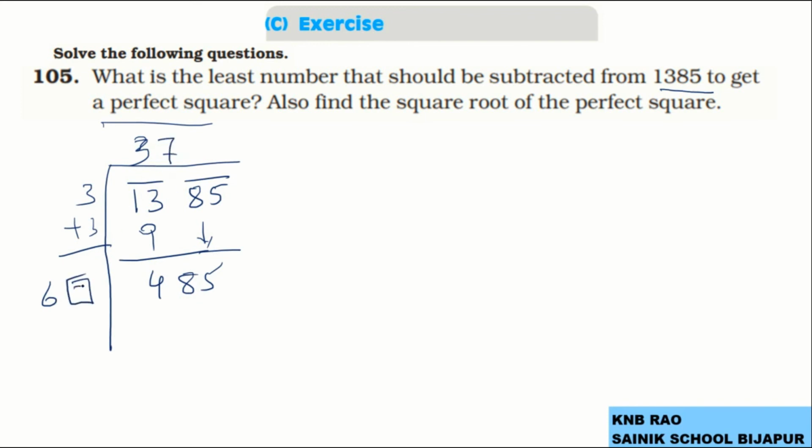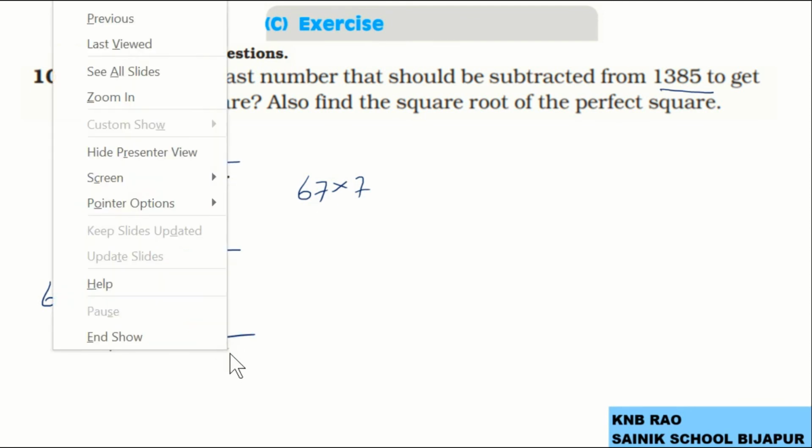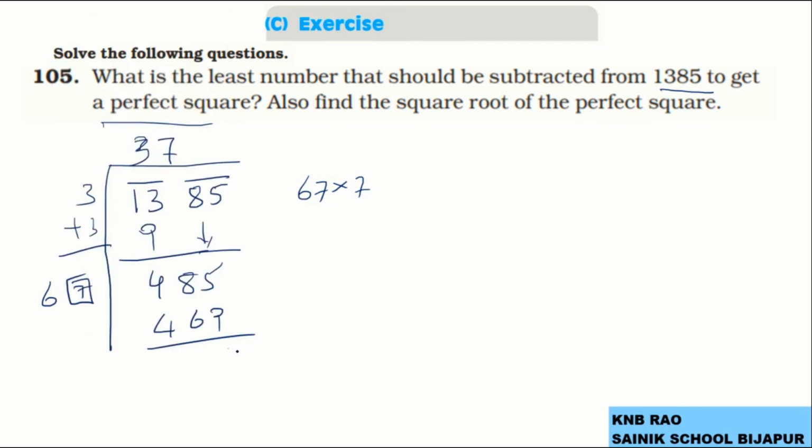Here 7 suits. 67, 7s is 469. That 469 is close to 485, and the difference is 16, where I got the answer. What is to be subtracted? I have to subtract 16.